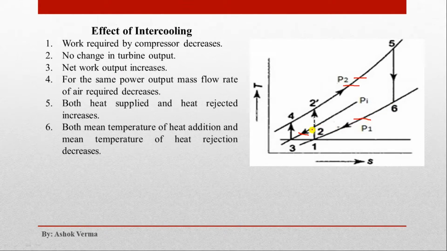But with intercooling you also have to reject the heat from 2 to 3, so there will be two heat rejections, and the final mean temperature will be near this point. So with intercooling, both mean temperature of heat addition and mean temperature of heat rejection decrease.